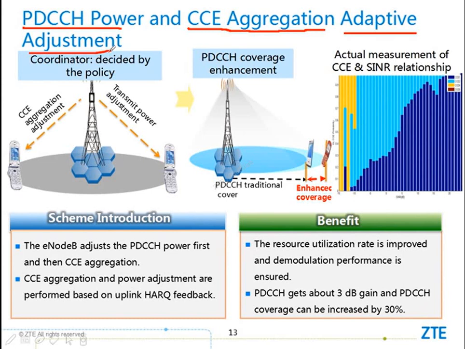But PDCCH cannot support AMC because PDCCH modulation and coding is fixed. But PDCCH can support adaptive CCE. CCE has different AGG, which can support 1, 2, 4, or 8. 1 is for good coverage. 8 is for the worst coverage. 8 means CCE will repeat 8 times.